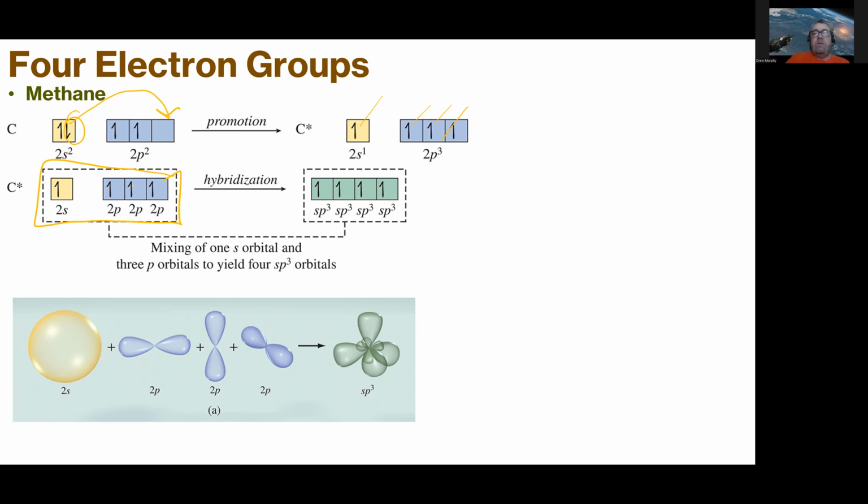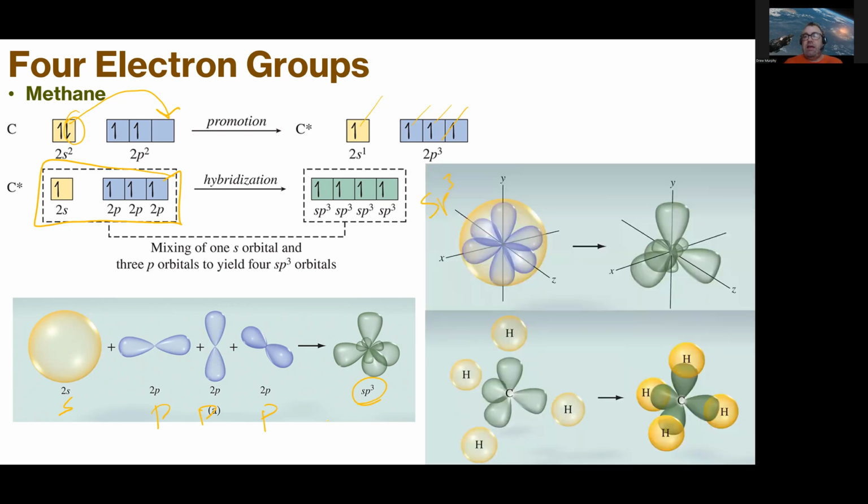Okay, the hybrid orbitals we have are called sp3 when we do this. Okay, they're called sp3 because there's an S, a P, a P, a P, and they make sp3. Okay, and there's four identical sp3 orbitals, and it makes things nice and look tetrahedral.